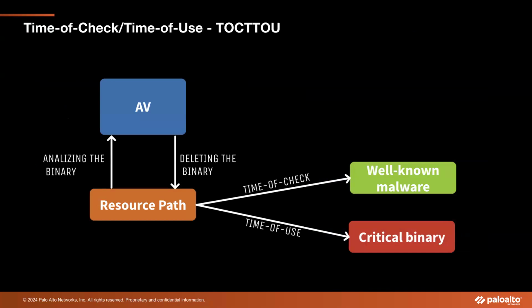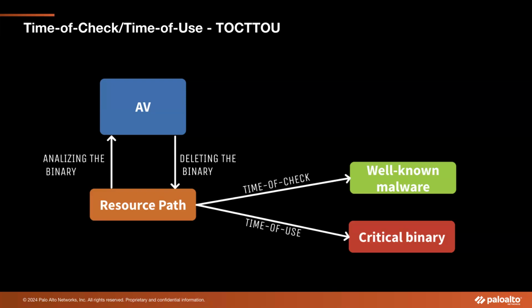So we are a low privilege user running an antivirus. The antivirus needs to have the highest privilege on the system, or not the highest, but high privilege, in order to delete files or quarantine them, regardless if they are in a protected folder or in a public folder. So you, as a malicious user, use this time-of-check, time-of-use typical bug that is persistent across different antiviruses.